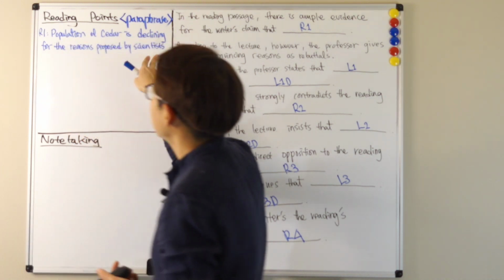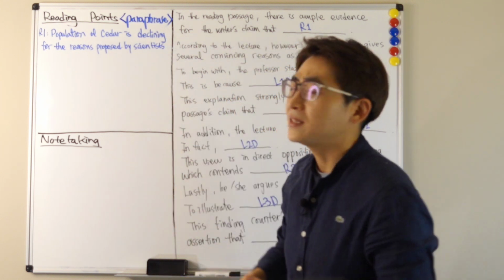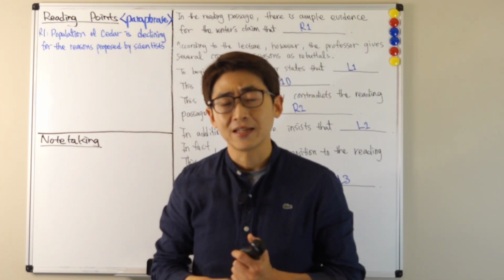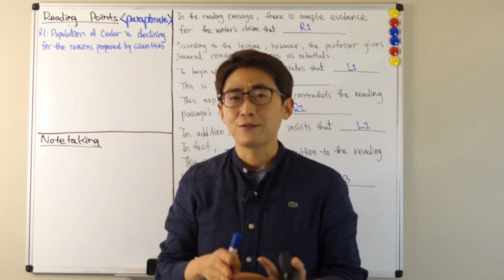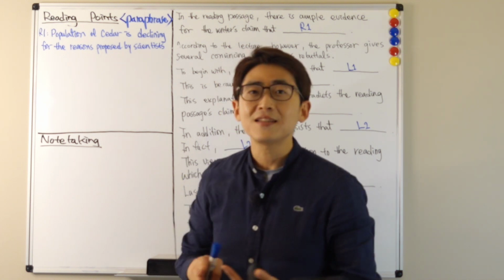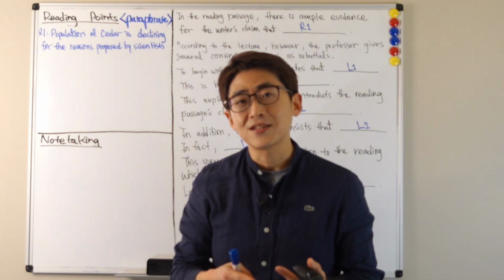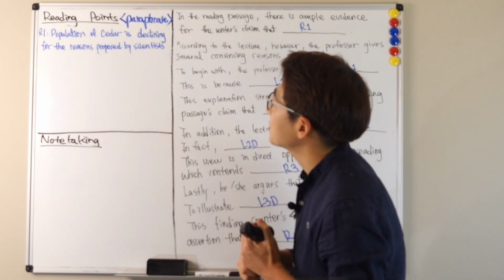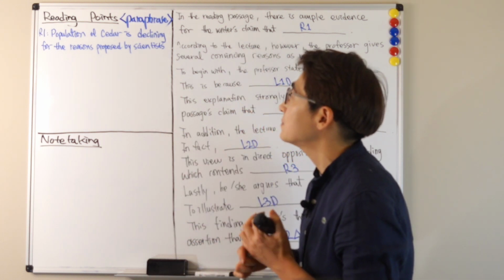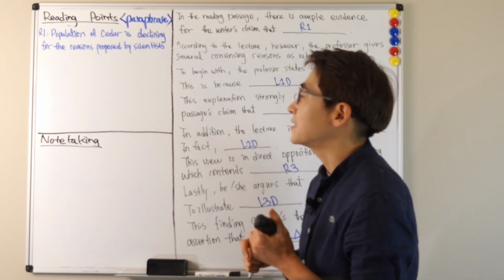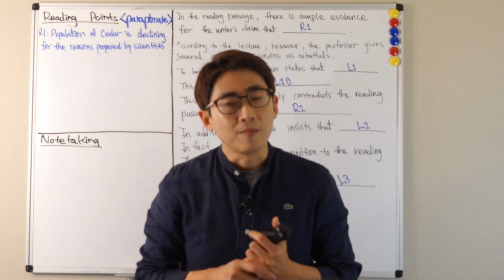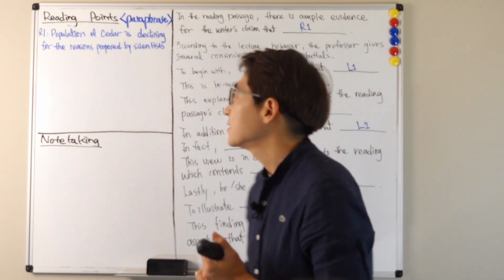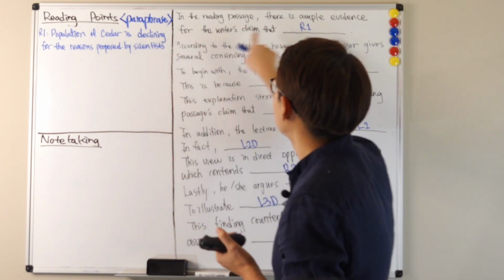So we have a sentence that basically means the same thing, but looks very different, right? So scientists have advanced several hypotheses to explain this decline, and this sentence, population of cedar is declining for the reasons proposed by scientists. That's what paraphrasing is, okay? So we're gonna insert that right here.